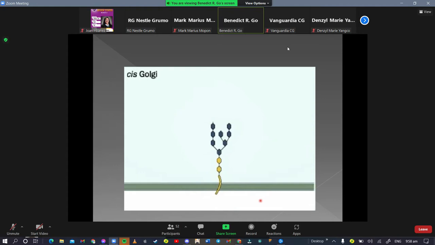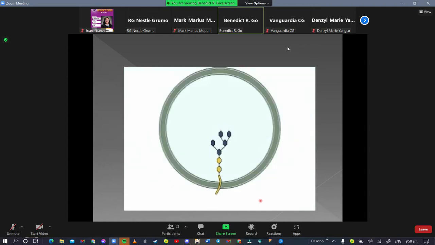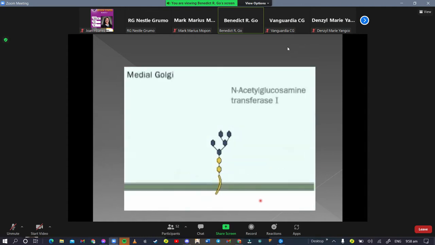Either N-acetylglucosamines attach to the oligosaccharide and are transported to the lysosomes, or enzymes remove more mannose residues. Vesicles transport the modified glycoprotein to the medial Golgi cisternae, where N-acetylglucosamine attaches and more mannose molecules leave the molecule.